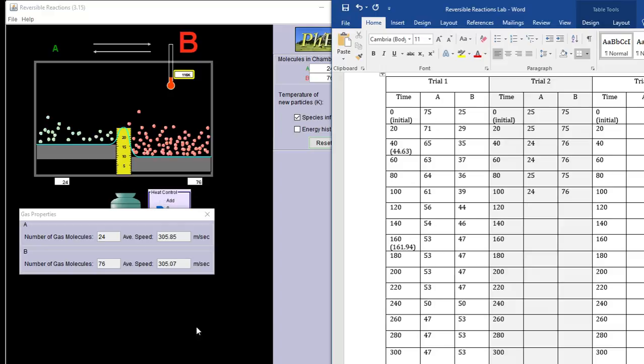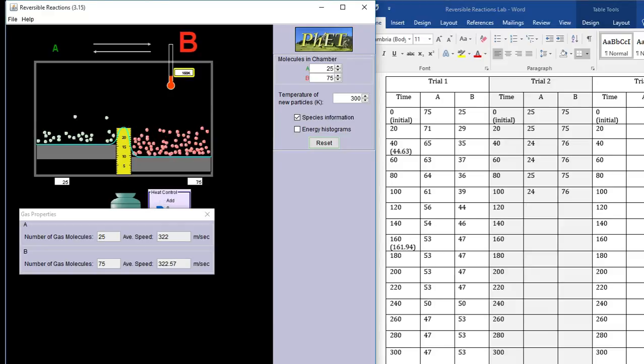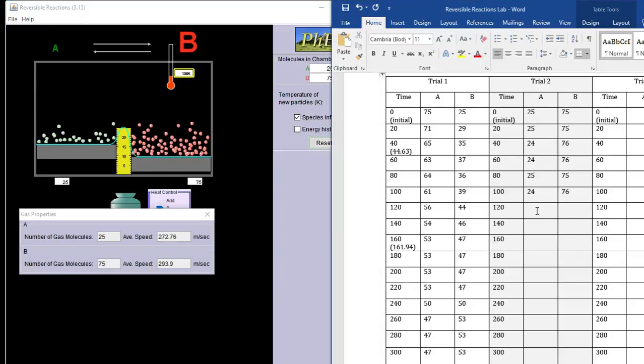So, like I said, I'm pretty sure if we keep running this, we're going to see the basic same pattern that we've seen so far. Okay, 25 to 75. All right. So if we go with this, it looks like 25 to 75 is our ratio.